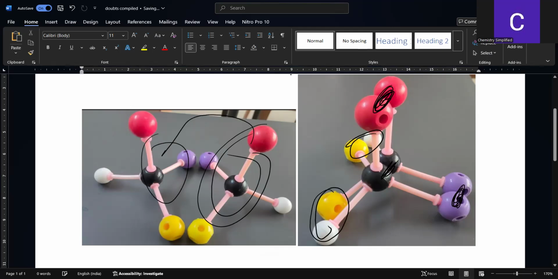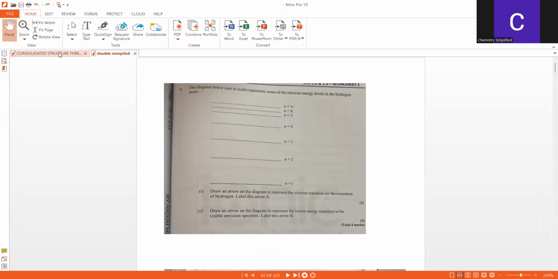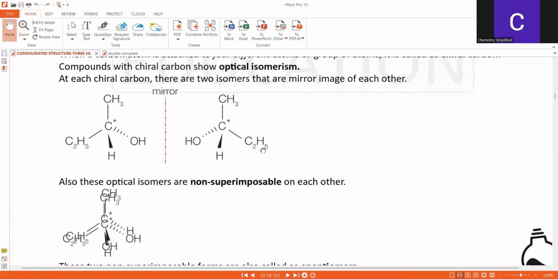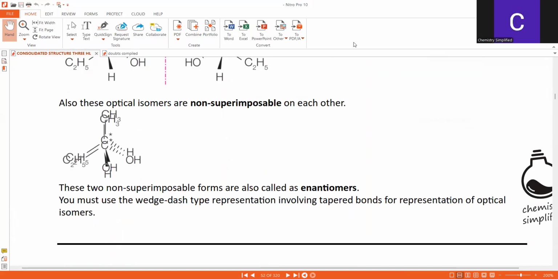So that's how we know that the two molecules are different, they are not the same. So those are the optical isomers, and they are also called enantiomers. So enantiomer and optical isomers are the same.